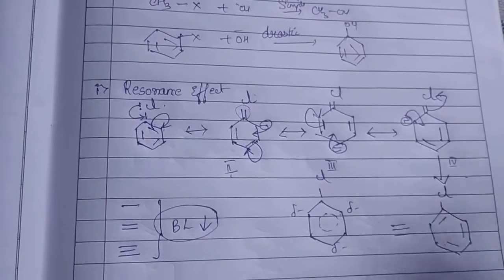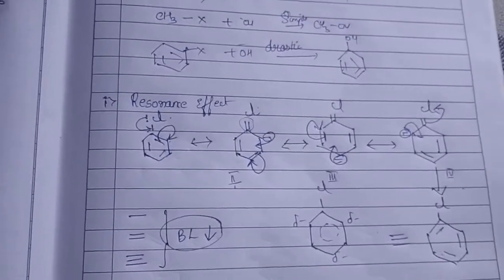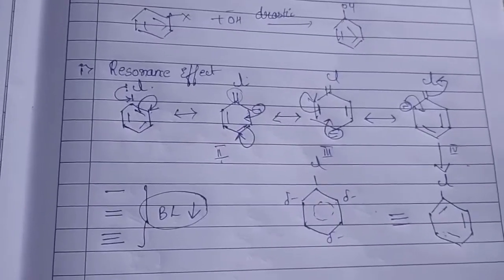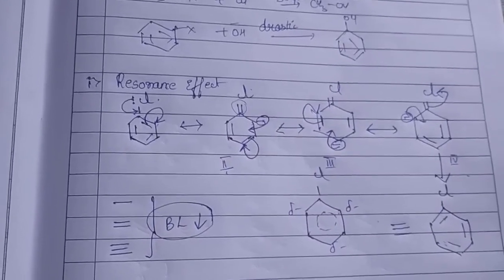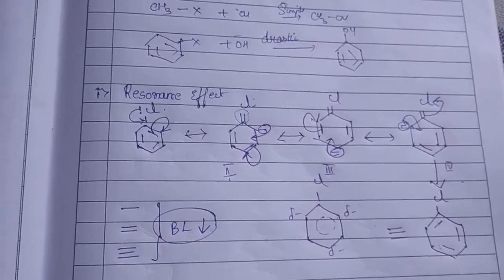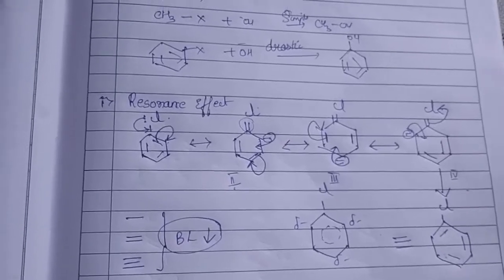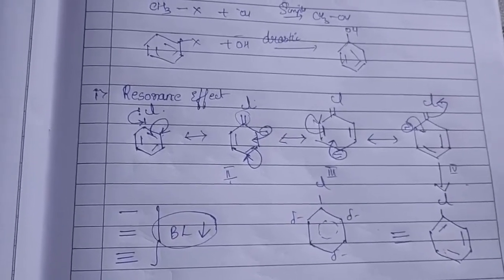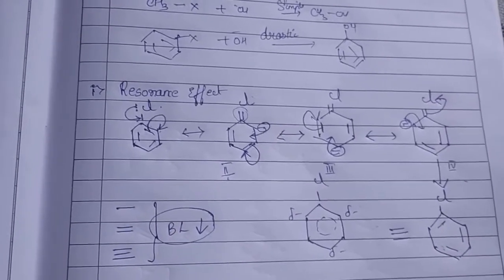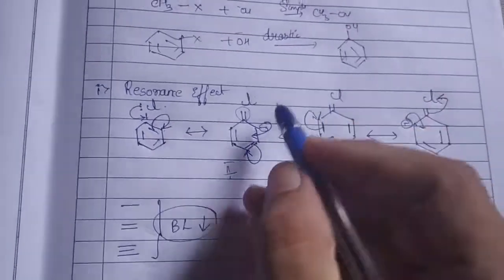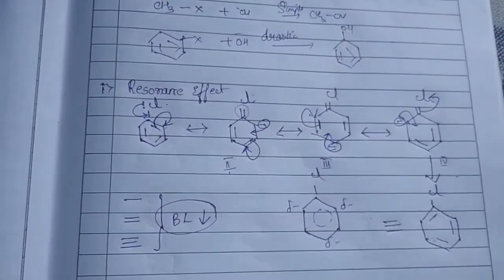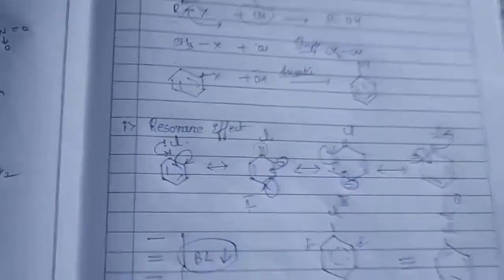Is that clear? That is the reason a haloalkane can give nucleophilic substitution products at room temperature, but the same haloarene cannot undergo the nucleophilic substitution reaction at room temperature. Why? Because room temperature is not enough to break this C-Cl double bond. This is through your resonance effect.